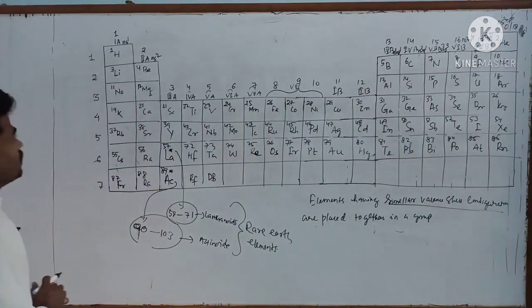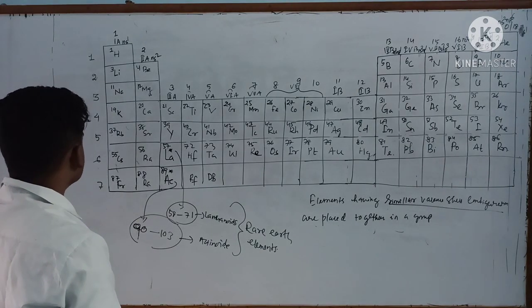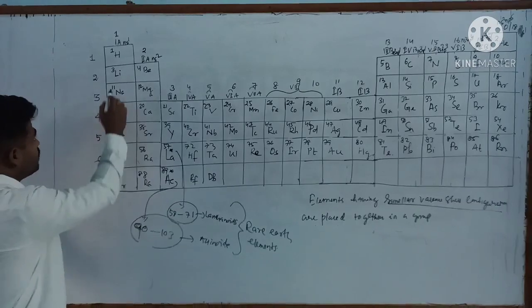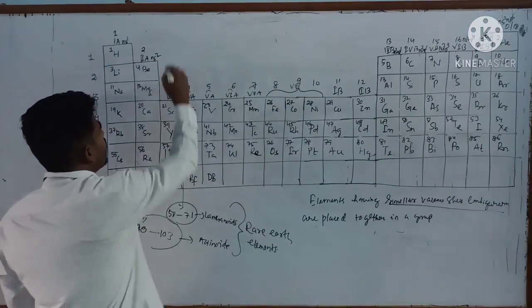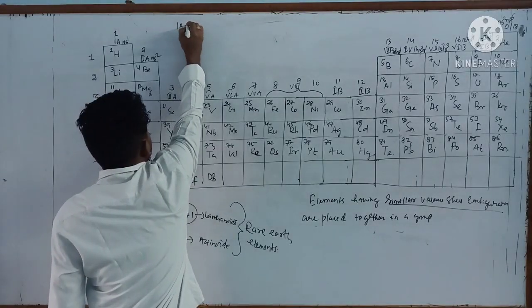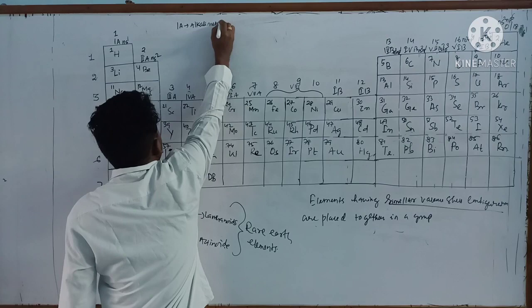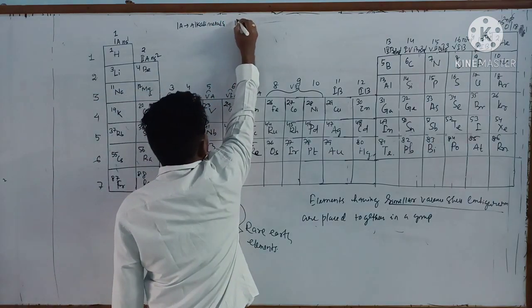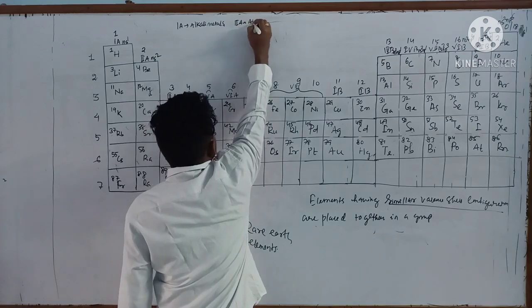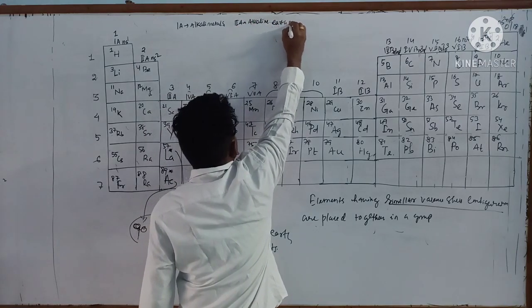Okay, so here you see these 1A elements, these are first group elements, these are called alkali metals, and group 2 elements are known as alkaline earth metals.